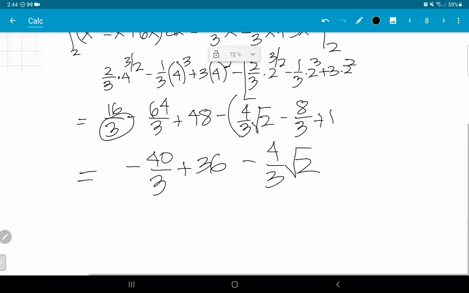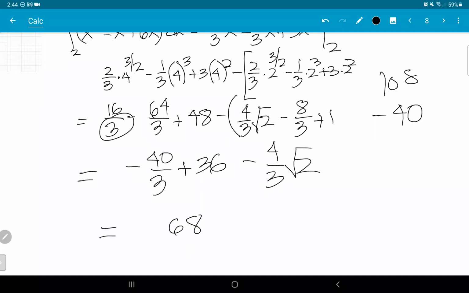So we have 108 minus 40 is 68. Let me approximate that.